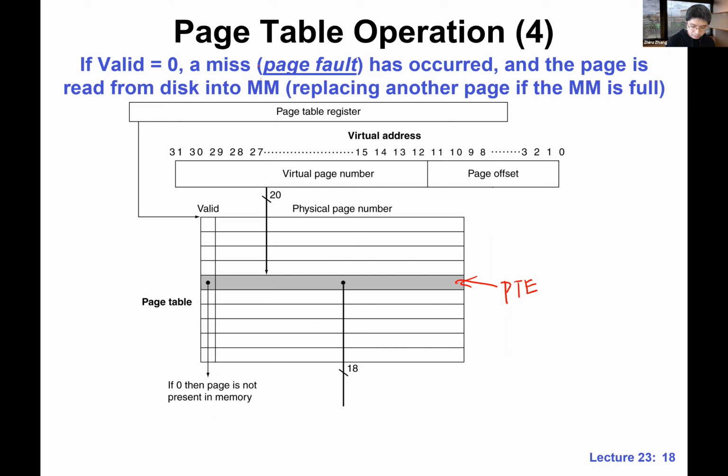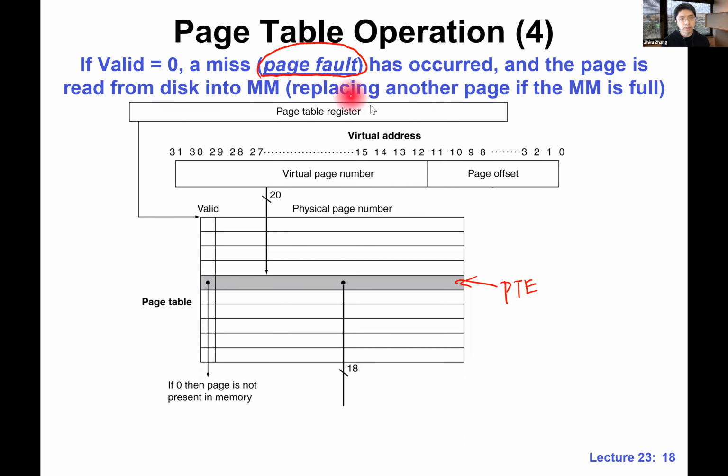It's a really important concept, which we will take a closer look at in the next lecture. It's called a page fault. This is an exception. This is where the data that we need is not even in the main memory yet. That's the so-called page fault. Basically there's a miss in the page table.